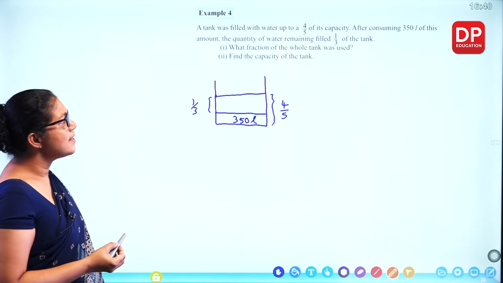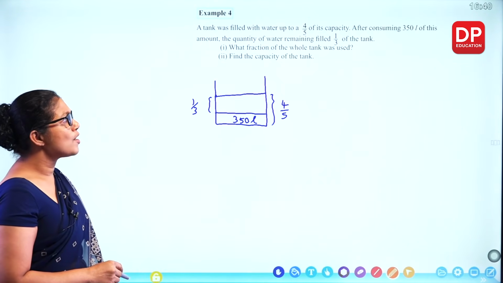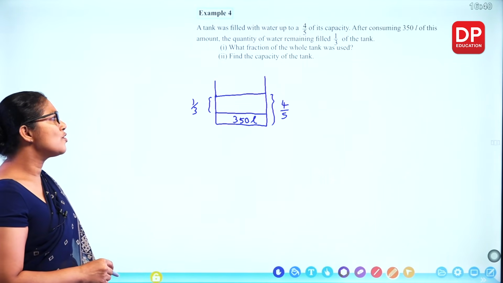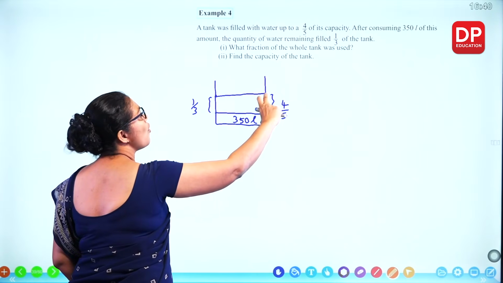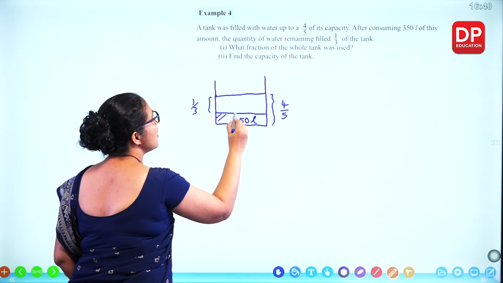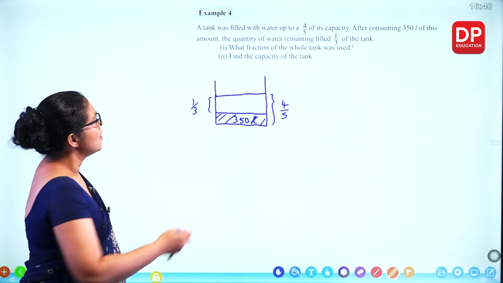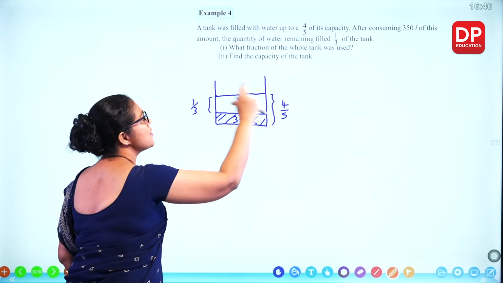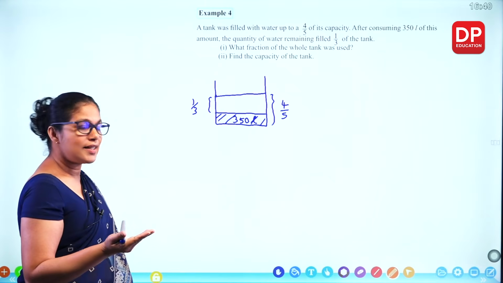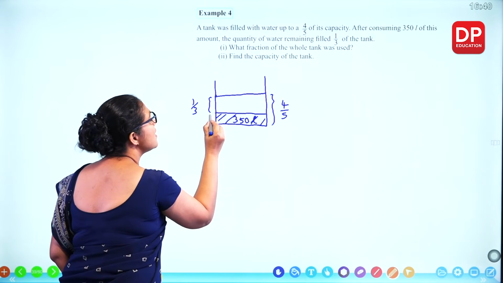How can we find this answer? What fraction of the whole tank was used? So which part is used? This amount of water was there, and this part was used. The full thing is 4/5 and the remaining part is 1/3, so you have to subtract to get this fraction.